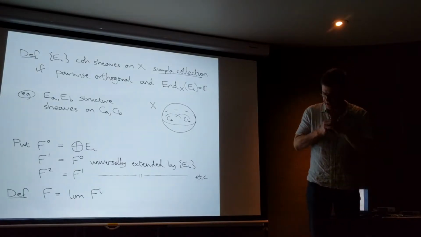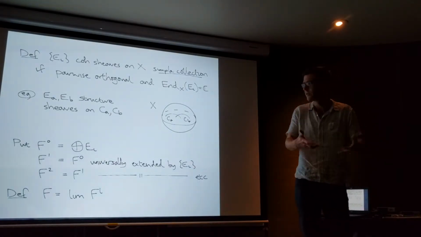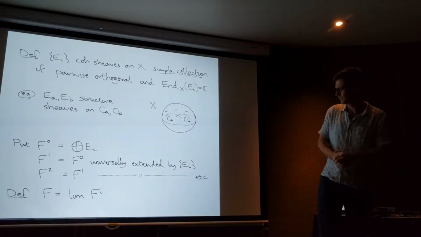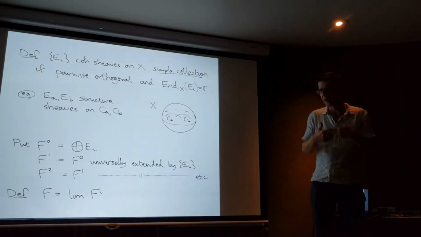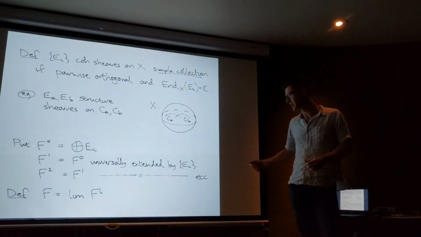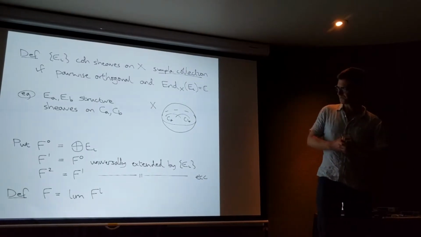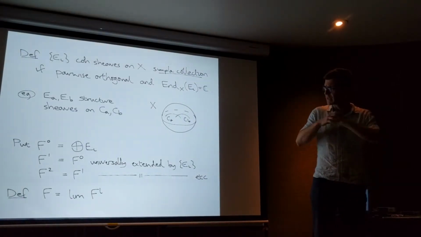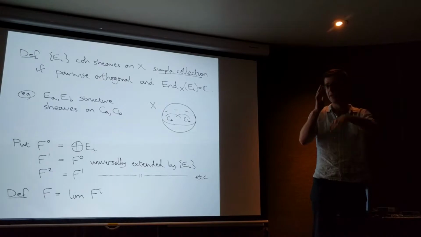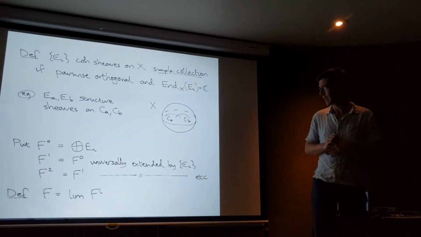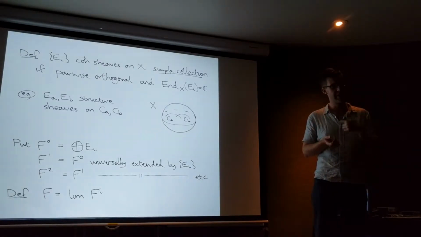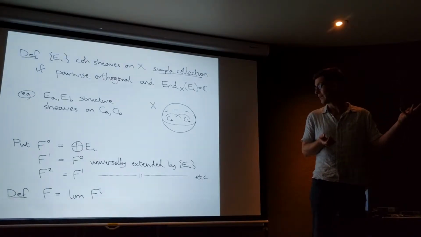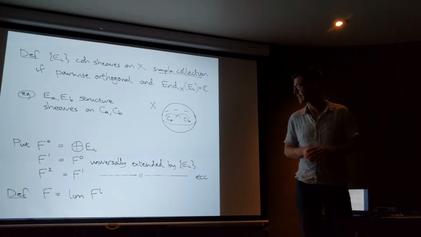And in general, given a finite set of E's, the construction of the non-commutative deformation of those, I'll explain why I'm calling it that, but for now I'm just going to construct it, is first by taking the direct sum of those sheaves, and then by universally extending that by as many copies of these E's as I can extend by.